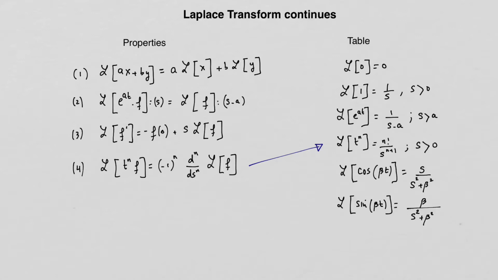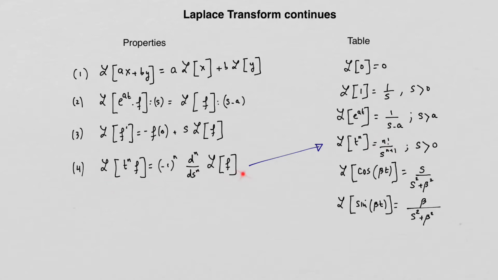So what I'm going to do next, we're going to go over this one. And again, you probably did the integral from 0 to infinity of e to the negative st times t to the n, and did some work and eventually got this.